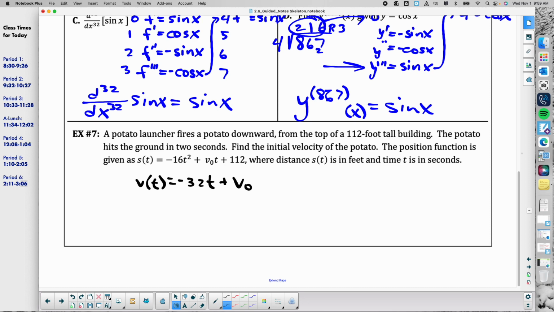You said put 0 in for time? Yeah, 100% that would work. However, what does that give us? V0. So it doesn't help us find the answer, but it absolutely is correct. So what you said fits it.